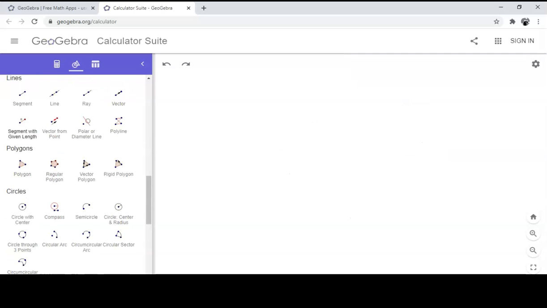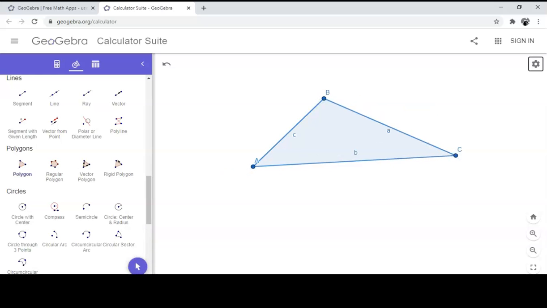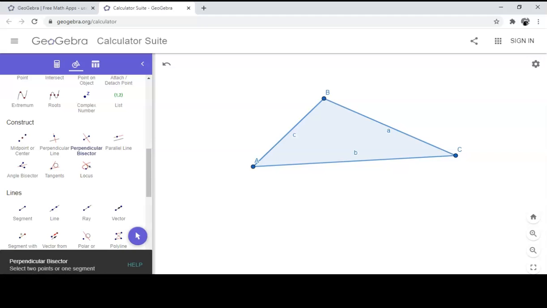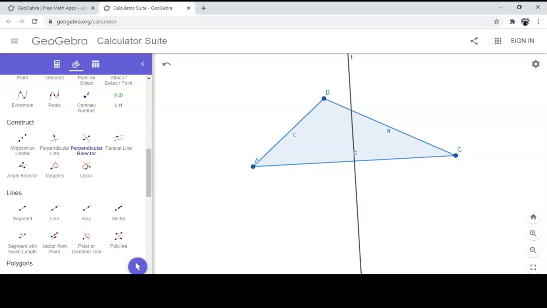So triangles are down here in polygons, and so I can draw a triangle. And what I'm going to do with the triangle is I am going to put perpendicular bisectors on each of its 3 sides.